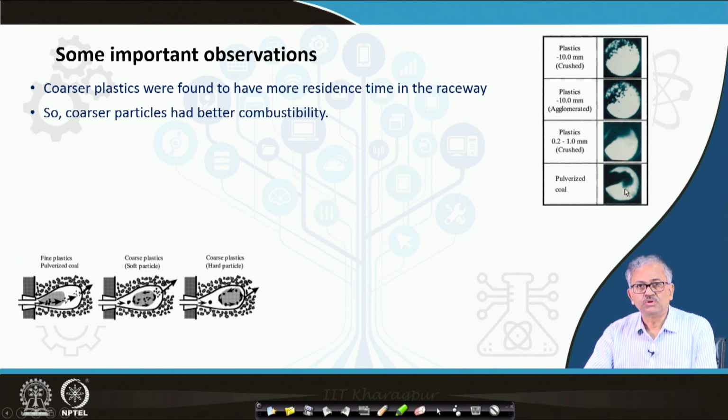And the pulverized coal, this is the burning characteristic of the pulverized coal. This picture has been taken just after the plastic has entered into the raceway. You can find the pulverized coal burning very nicely. Also, the plastic in the size range 0.2 to 1 millimeter is burning very nicely, right.